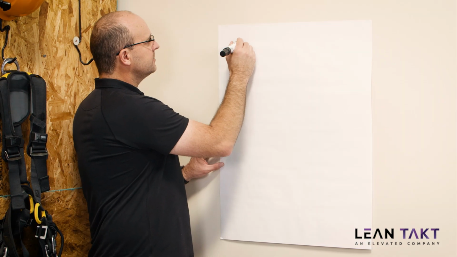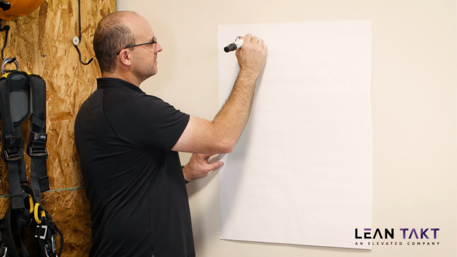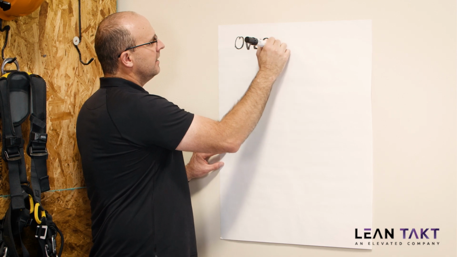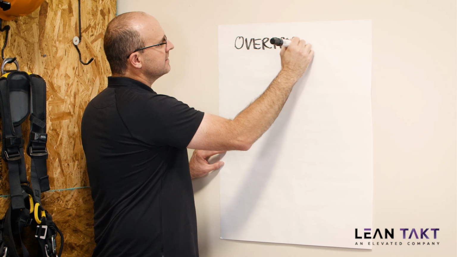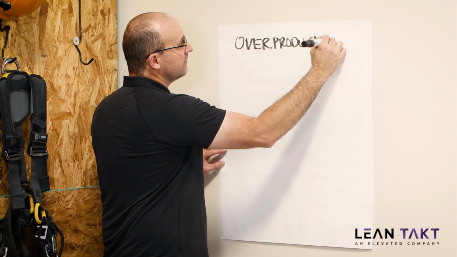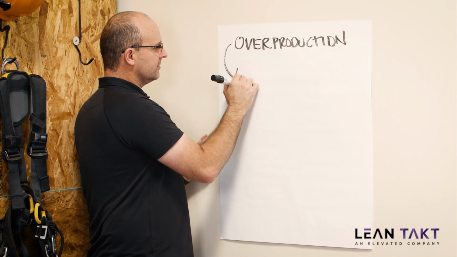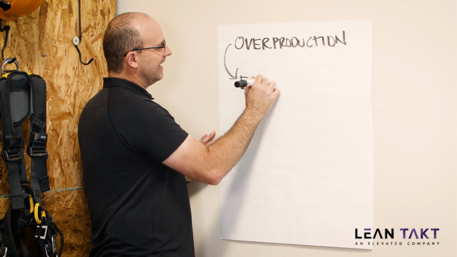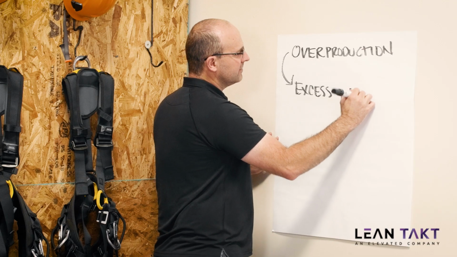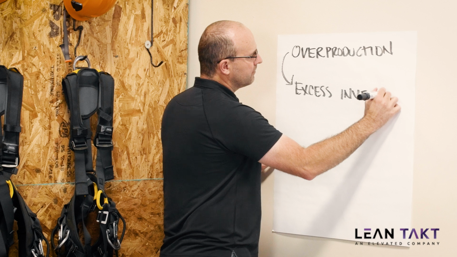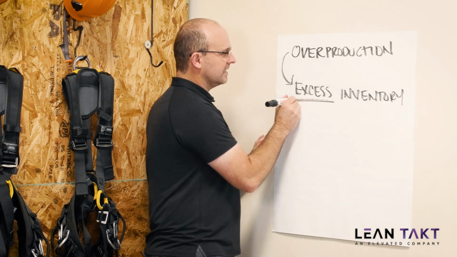So the first waste is overproduction, okay? And I really like this because overproduction actually, and I'm going to do the second one, excess inventory. And I do want to say excess. Having inventory isn't a problem in and of itself, it's the excess part.